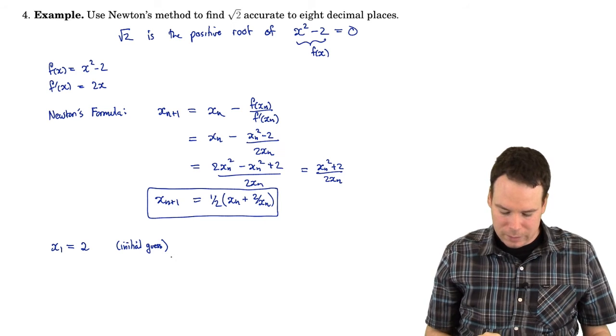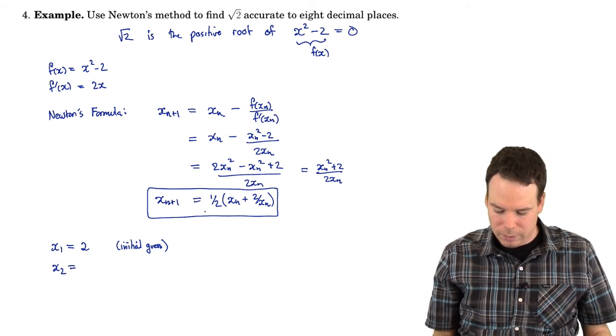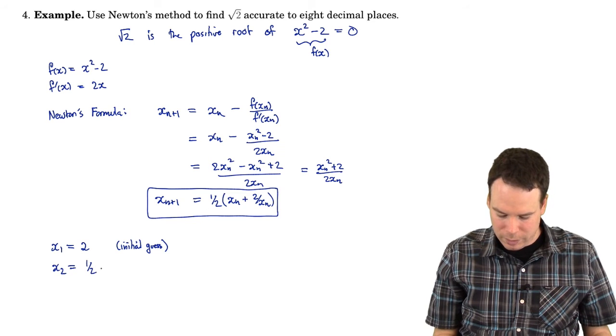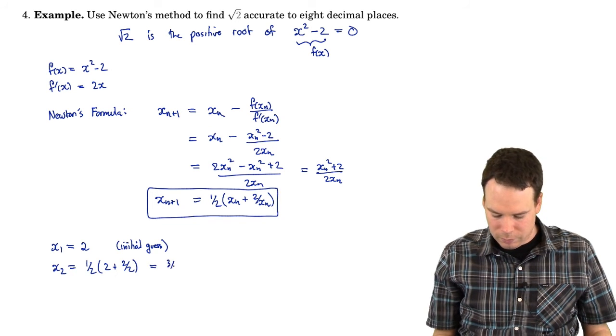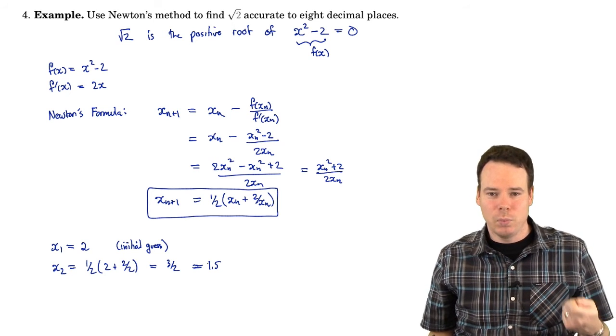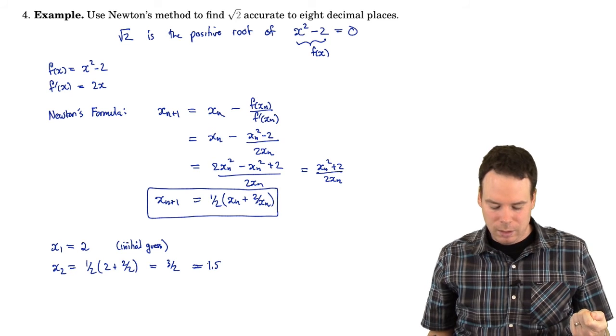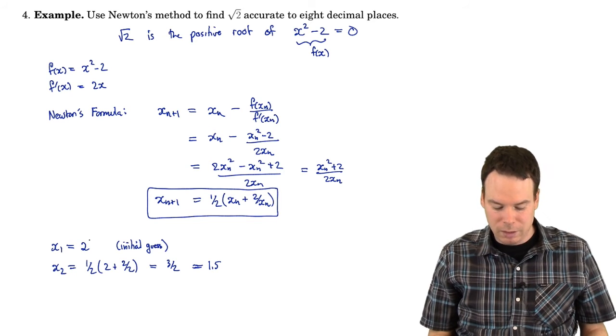So we've got our initial guess. Now we just pop it in to get the next guess, or the next approximation. So this becomes 1/2 of 2 plus 2 over 2, or that's going to be 3/2 or 1.5. So in other words, if you were to make your initial guess of 1.5 to begin with, then you would just be picking up right here where we're leaving off by taking our initial guess to be 2.